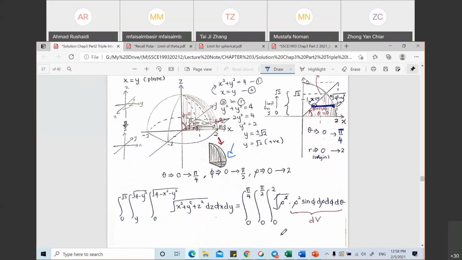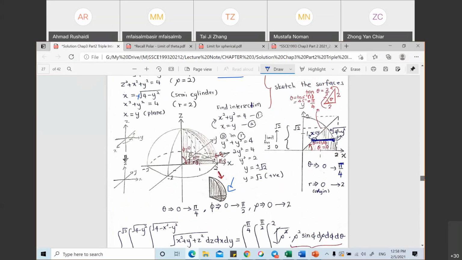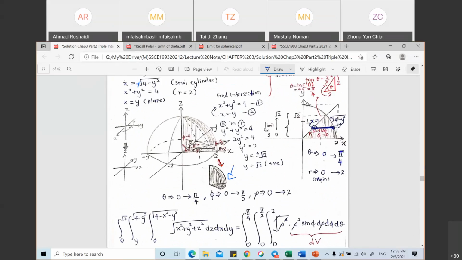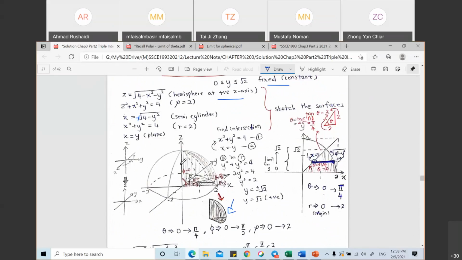Okay, you will get this. So your radius of the sphere is from the sphere itself, which is 0 to 2. And then it is in the first quadrant, so the angle phi should be 0 to pi over 2. And then your theta, where's your theta?